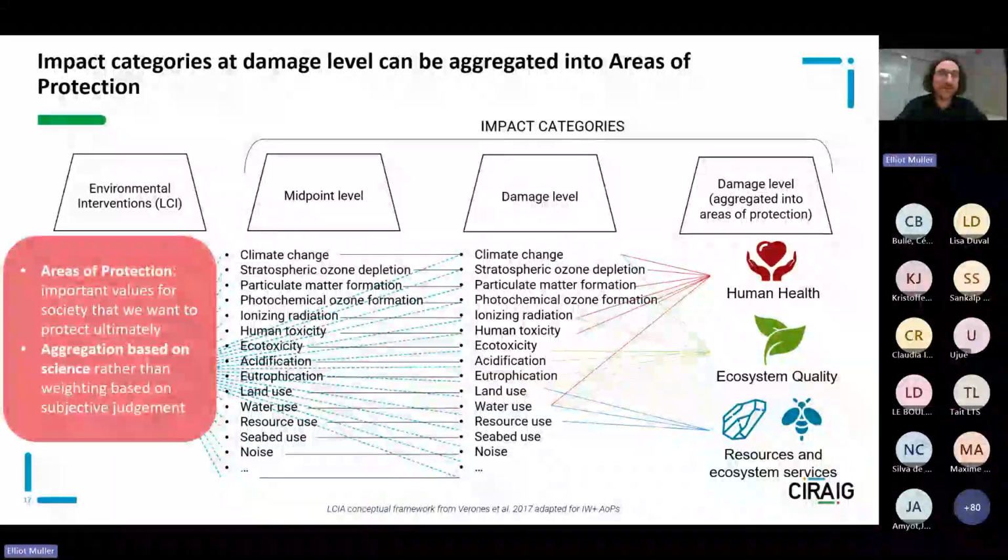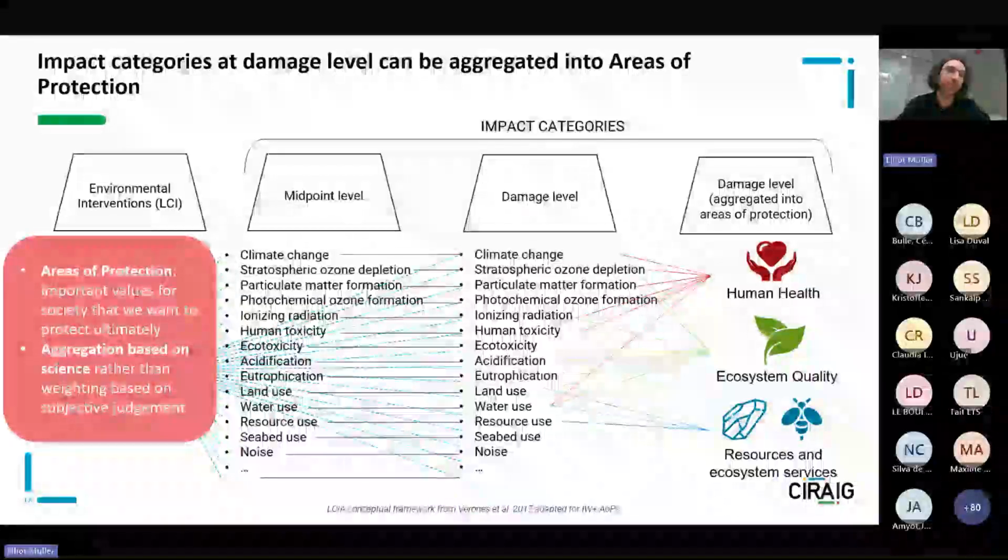So the idea of an area of protection is to represent important values for society that we want to protect ultimately.